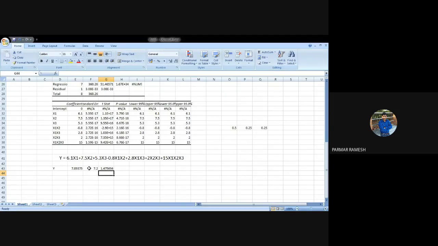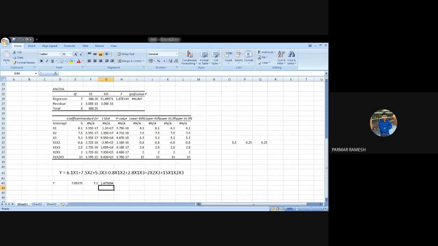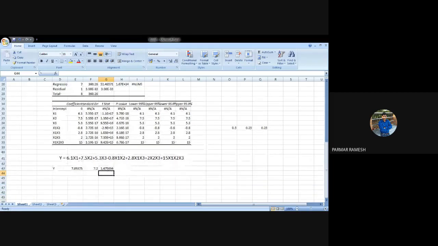In this way, we can perform the regression analysis and get an idea about the relationship between our independent and dependent variables. We can predict the response at the points where we have not performed the experiments, and by preparing checkpoint batches, we can confirm whether the relationship is correct or not. Now, one more thing you need to remember is the p-value, the probability value.